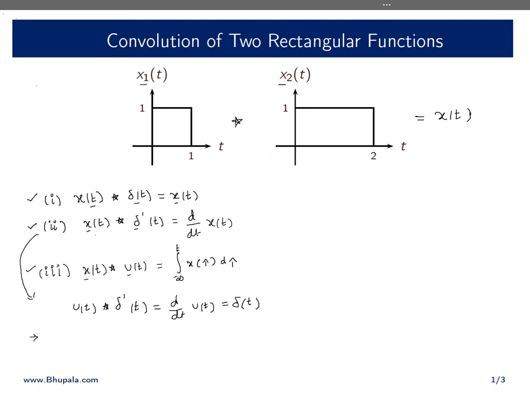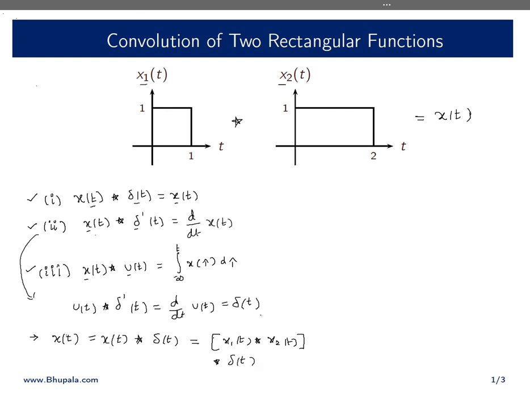As given in the first result, we can write any signal x of t as convolution of x of t with Dirac delta function. For us x of t is nothing but x1 of t convolved with x2 of t, and this whole thing is again convolved with Dirac delta function.